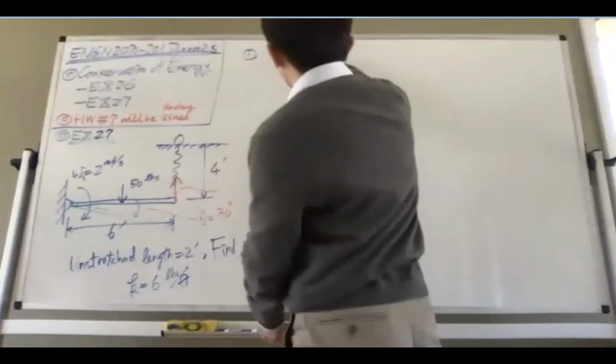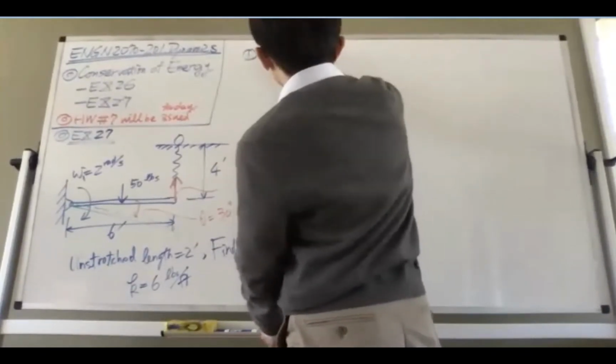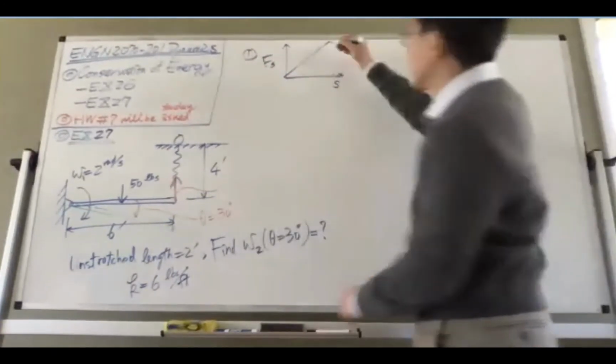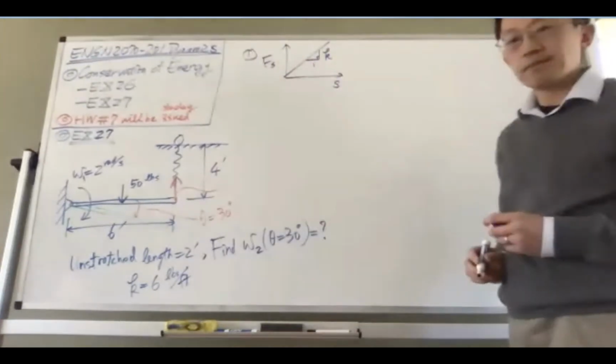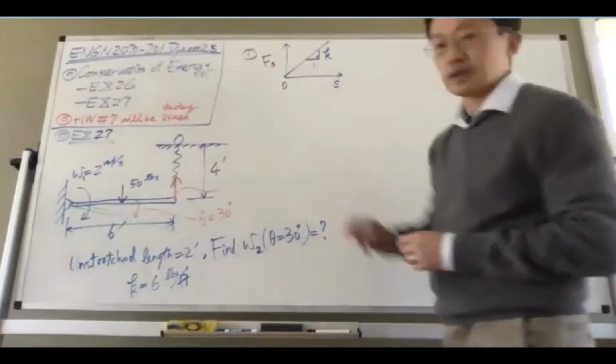You know that spring force is linear with respect to displacement, right? And the slope is the spring constant. Therefore, when the displacement is 0, spring force is 0.